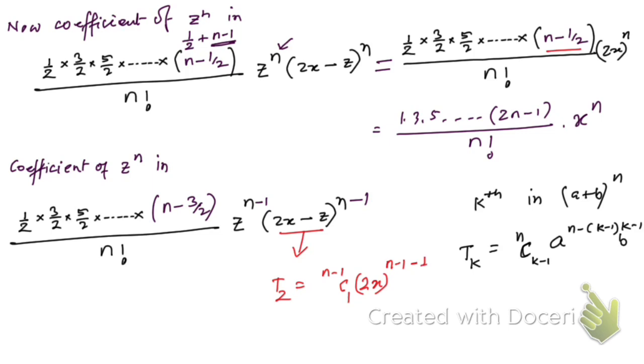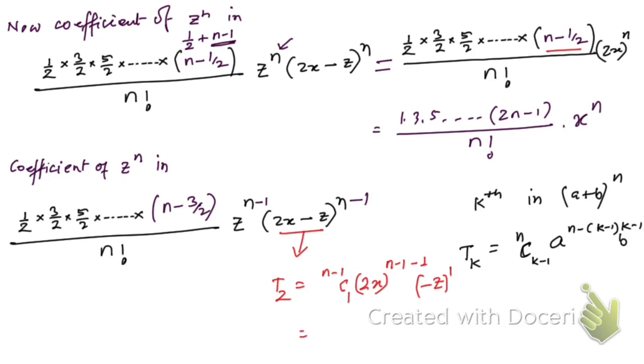Since we are finding the second term, 2 minus 1 means 1. Hope you have understood this. And b to the power, what is b here? Minus z, to the power k minus 1, that means simply 2 minus 1, which is equal to 1. This is what we're going to have.